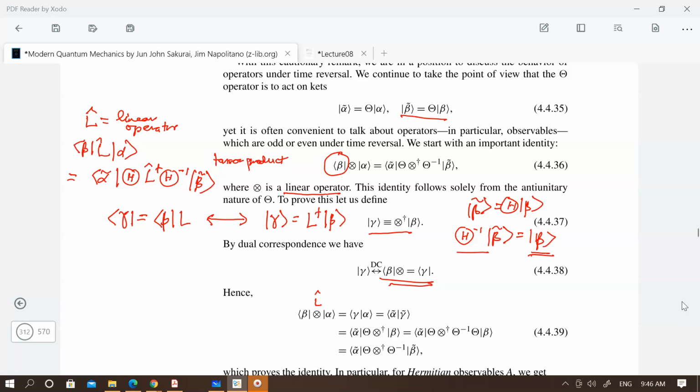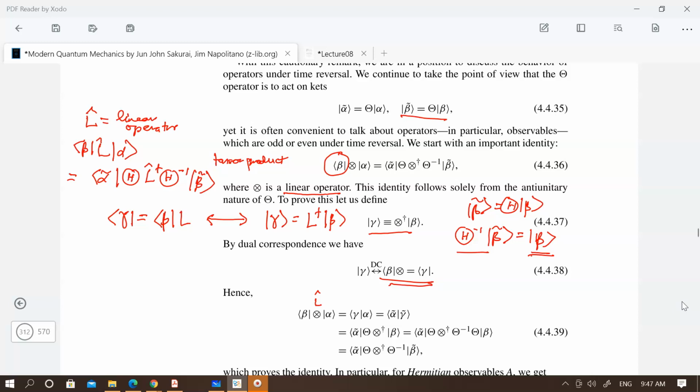And alpha here, we didn't do anything over here. So we are just redefining your L beta here as gamma.